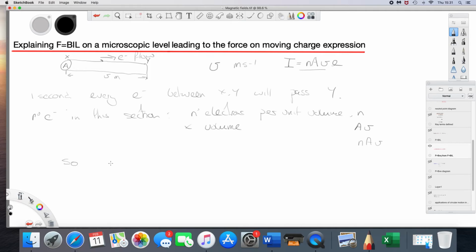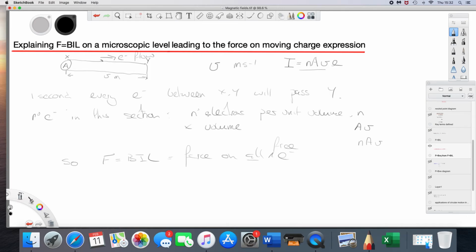So the force on the conductor equals BIl, and this is the force on all the electrons combined. This is the free electrons.